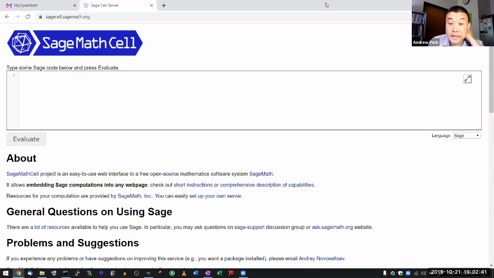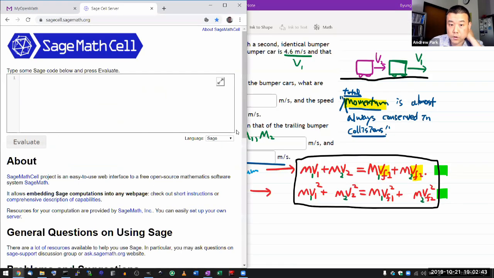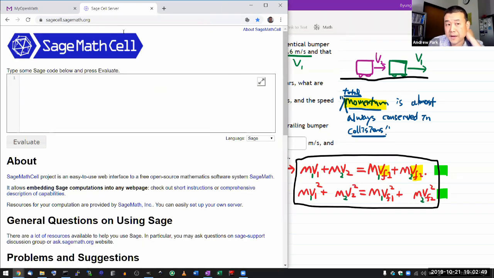So this is a free version of what is available on something called Mathematica, or you might have seen it as Wolfram Alpha. The software is called SageMath, and there are different ways of getting at it.